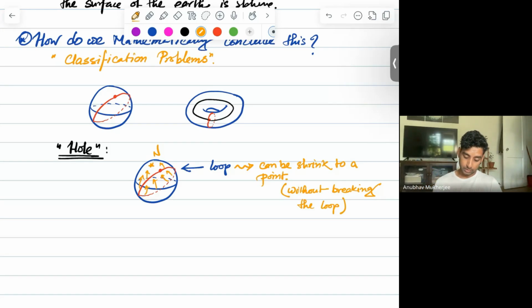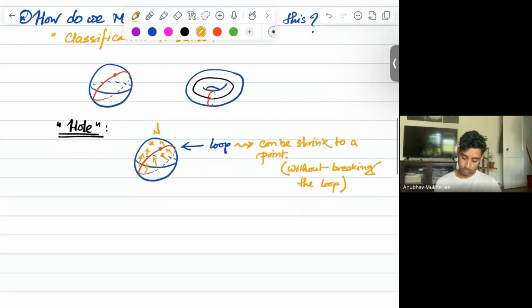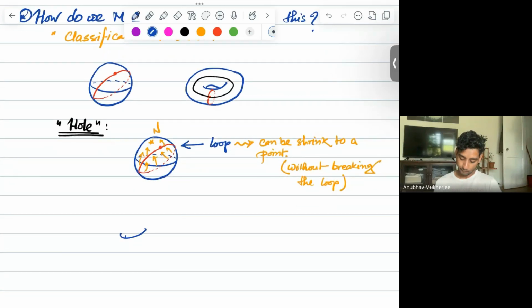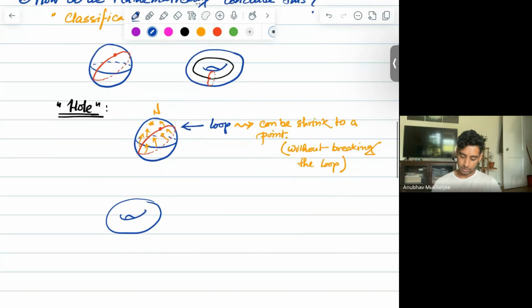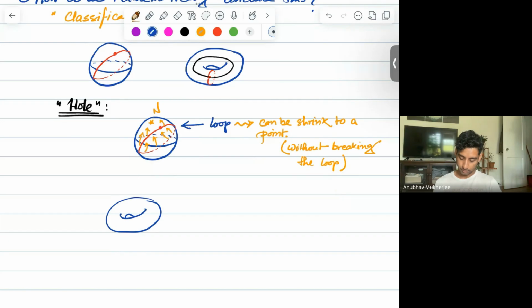On the other hand, now let's notice this object, the torus. In this object, for example, if I take this particular loop and I allow the rule that I cannot break this loop, then there is no way I could shrink this loop to a point, right?